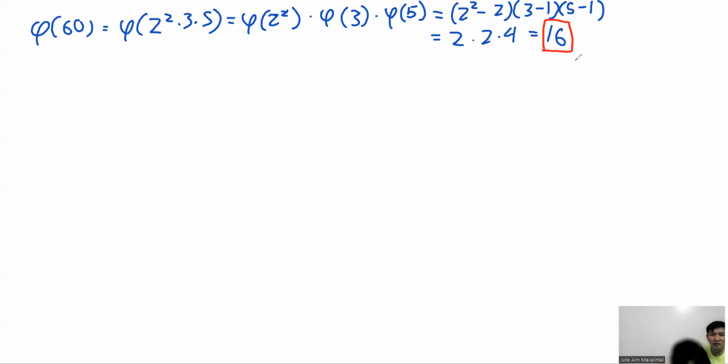Or you can use another formula. That is the alternative way of getting the Euler's totient of 16. So we will need the prime factorization again.